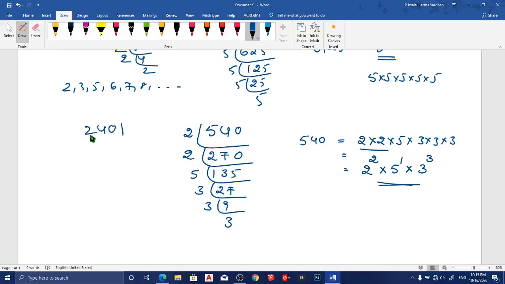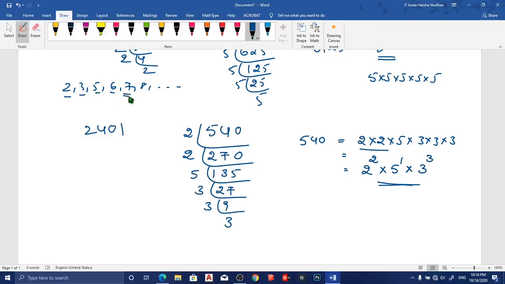Sum of the digits means 2 plus 4, 6, 6 plus 1, 7. 7 is not divisible by 3, so it is not divisible by 3. For 5, the last digit should be either 0 or 5. It is neither 0 nor 5, so it is not divisible by 5. For 6, it should be divisible by both 2 and 3. It is not divisible by 2 or 3, so it is not divisible by 6.